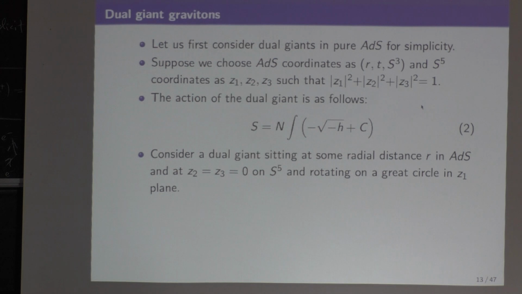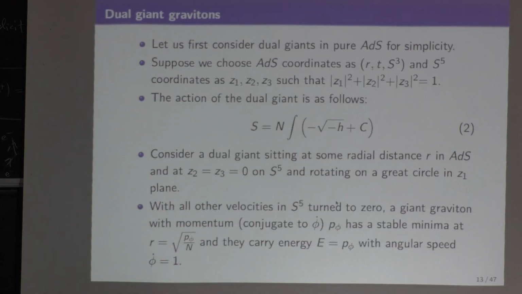Okay. Now let us consider a dual giant graviton sitting at some radial distance r in AdS, at z2 equals z3 equals 0 and rotating on one great circle in the z1 plane, let's say. We turn all the other velocities to 0 and have non-zero velocity only along the z1 plane.